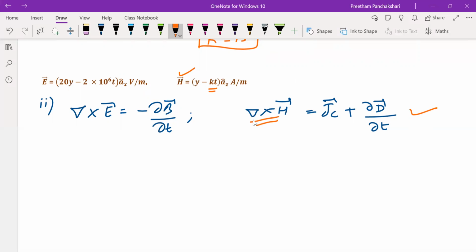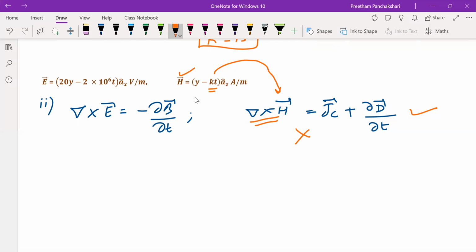So you are differentiating components of H with respect to x, y, z. At that time kt becomes 0. Because of the differentiation with x, y, z, kt completely goes to 0. So k itself will disappear. So how can you find k?